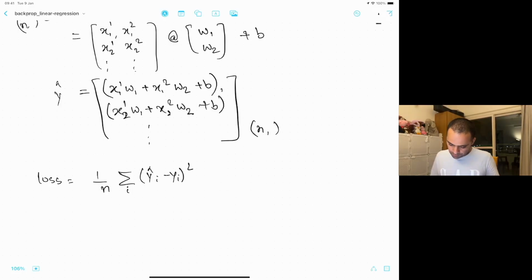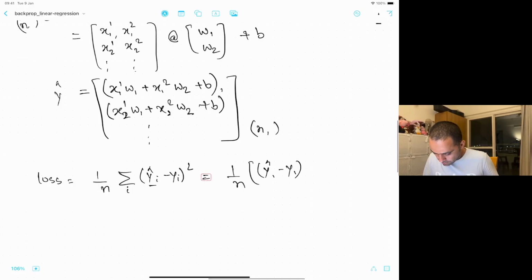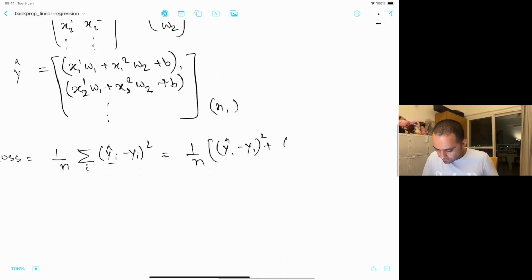If we expand the summation and go step by step, this will be 1 over n, (y hat 1 minus y1) squared plus (y hat 2 minus y2) squared, plus so on.